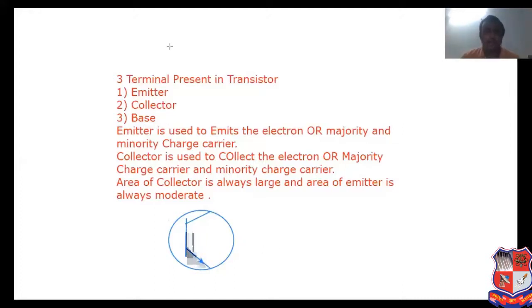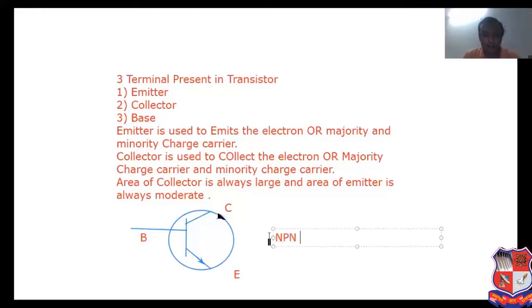This is the symbol of transistor. It is considered as a base, it is considered as a collector, and it is considered as an emitter. So it is known as NPN transistor.